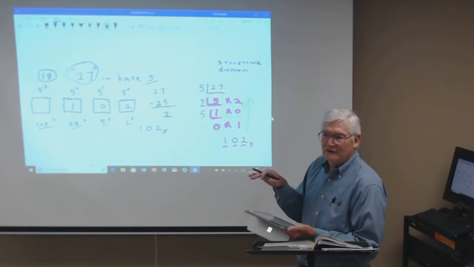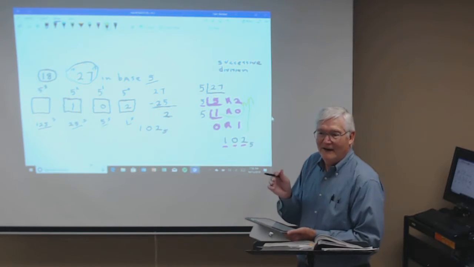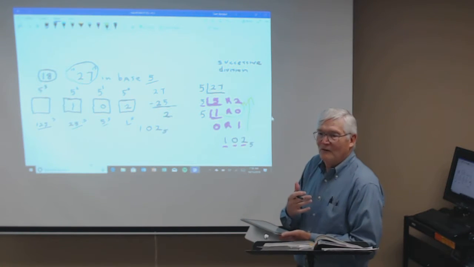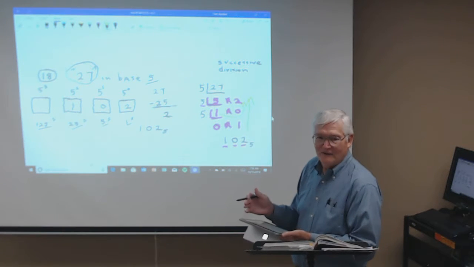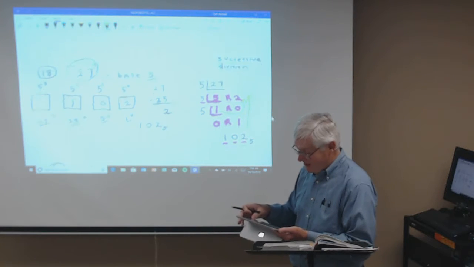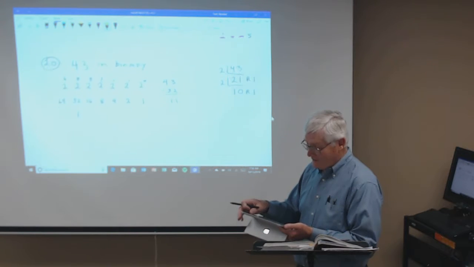I'm just adding an extra step that the guy who wrote the book would say you don't really need. And I would say, you don't need it, and I don't need it, but I have a room full of people who do, because they're trying to make sense out of this stuff for the first time. Okay? Any questions? Number 20.